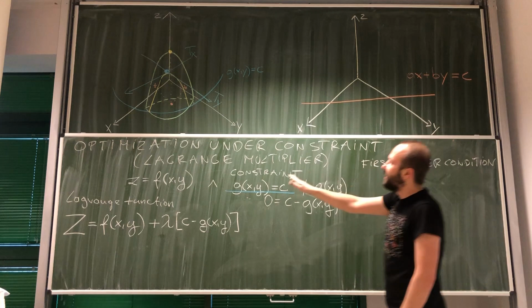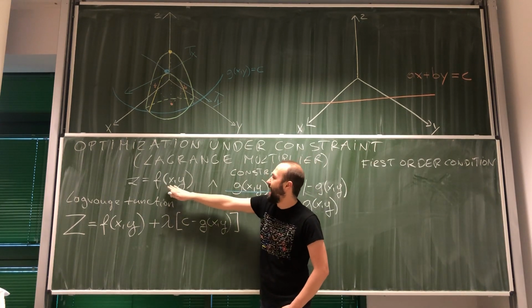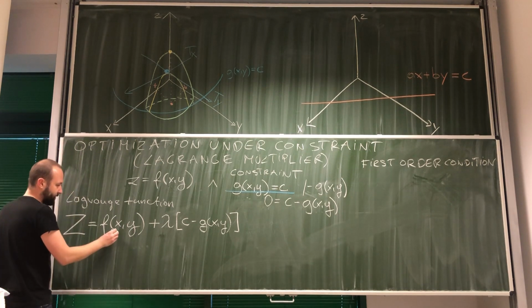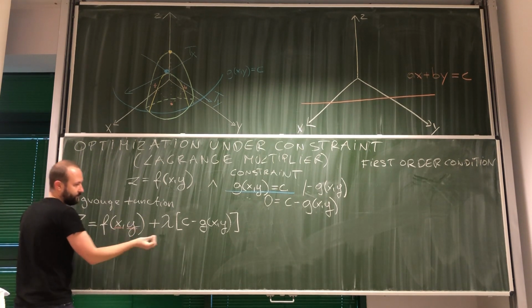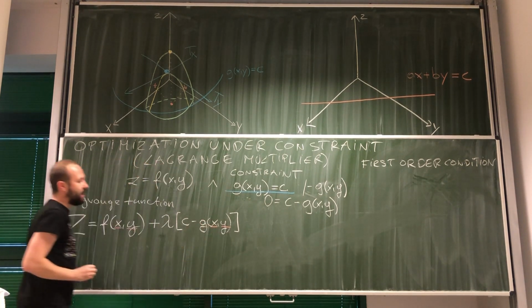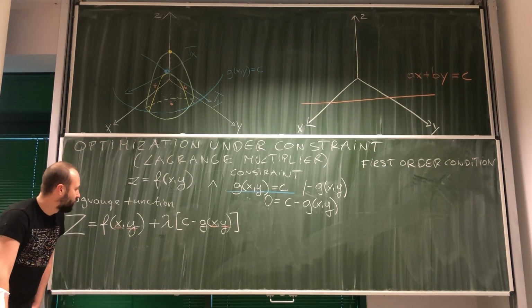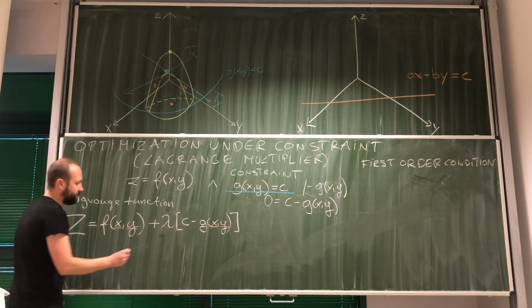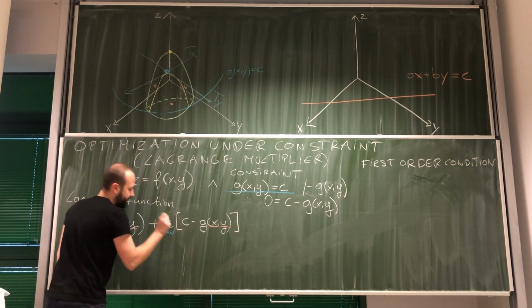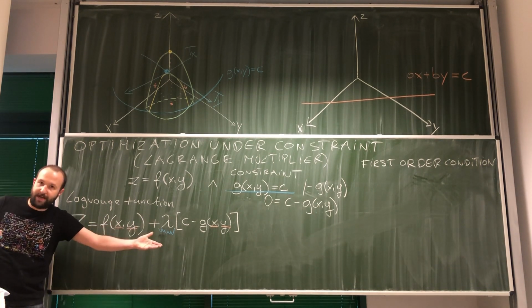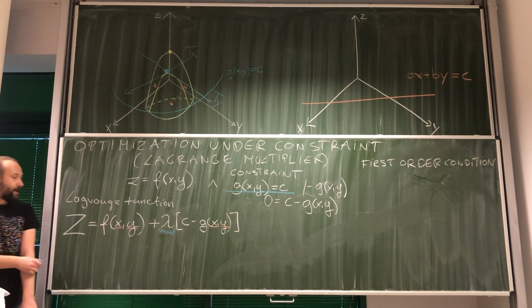Before, we were calculating partial derivatives with respect to x and y, because those were our variables. And they are still our variables over here. But now, we have one more variable. This variable is lambda, because we do not know what the value of this lambda is.